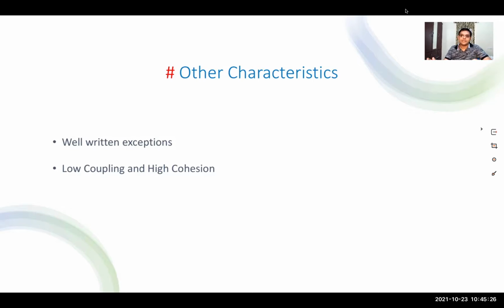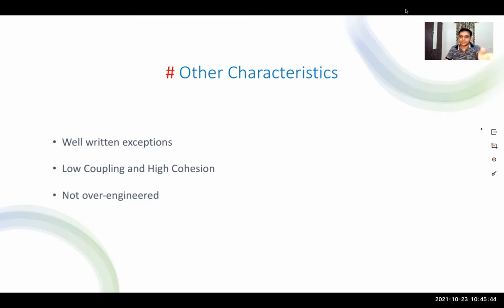You may have studied what low coupling and high cohesion are, but don't worry, we'll come across all those factors. In the next class we are covering a lot of design principles, so there we will discuss what low coupling and high cohesion are.